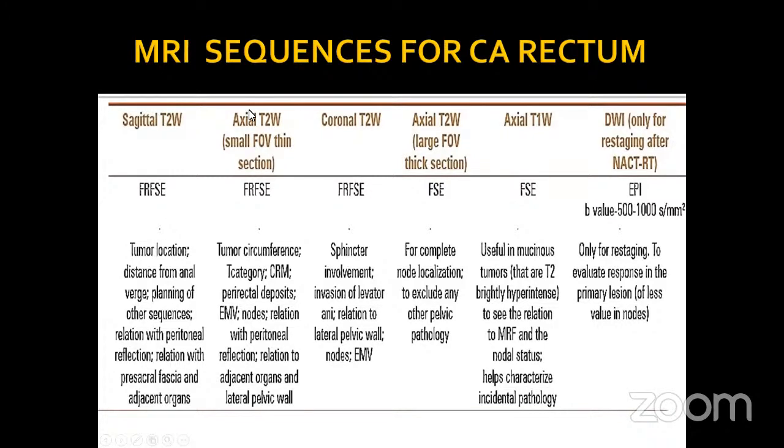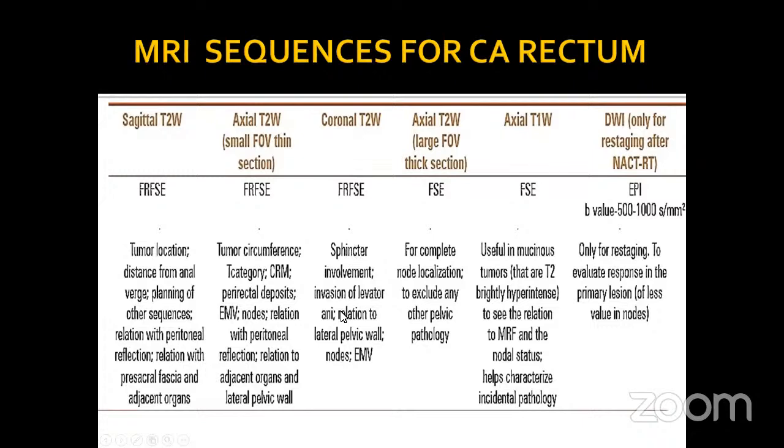Sagittal T2. Axial T2, especially small field of view, thin section, very important. This is the main sequence where we should look into the tumor and its axial spread: small field of view, axial T2, thin section, no gap between slices. These are important. So the CRM, MRF, nodes, extramural venous invasion, those are the things we need to look at in this sequence.